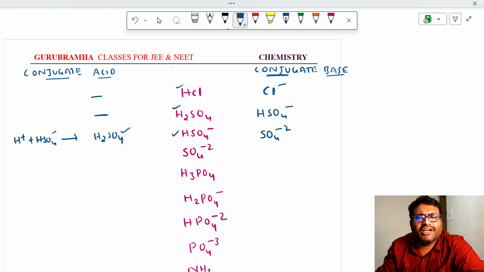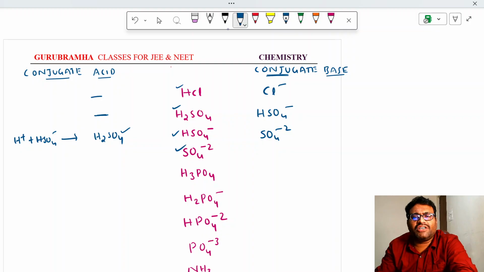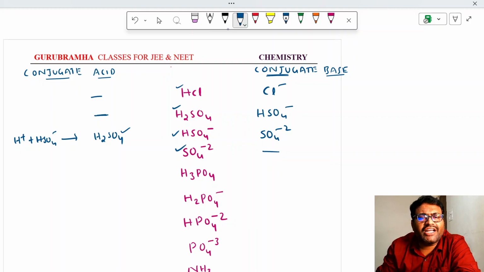Now let us take SO4 minus 2. What is the conjugate base of SO4 minus 2? Is there a proton here? No proton. When there is no proton, can you remove it? No. So there is no conjugate base for SO4 minus 2. Is there a conjugate acid for this?